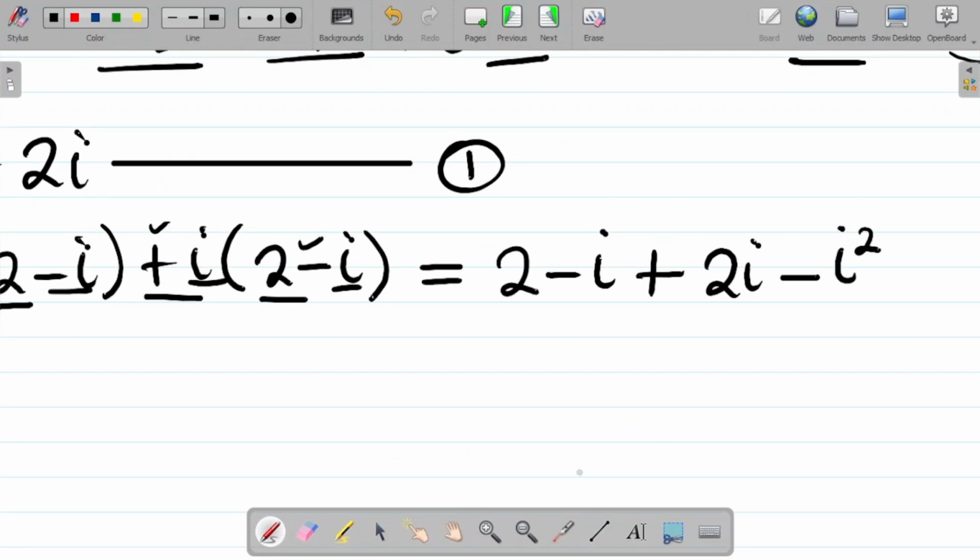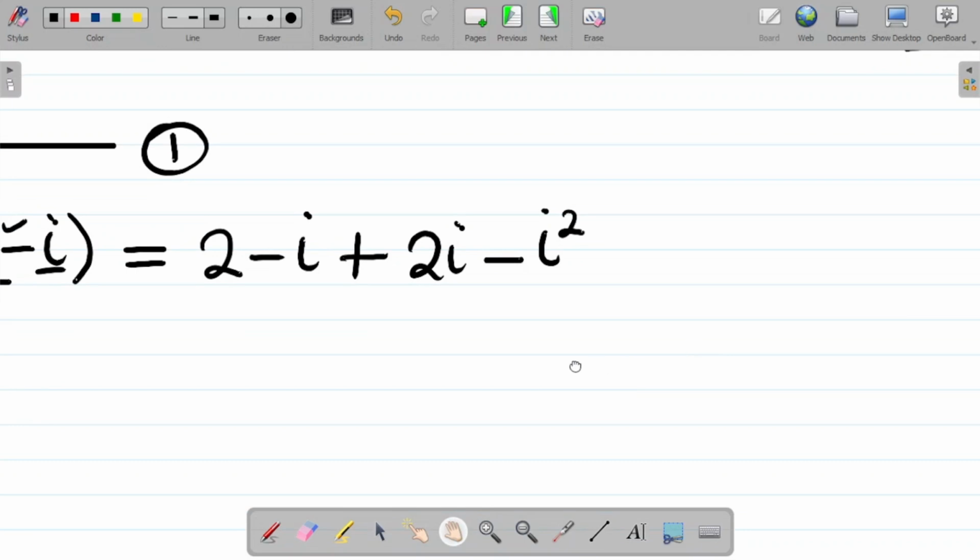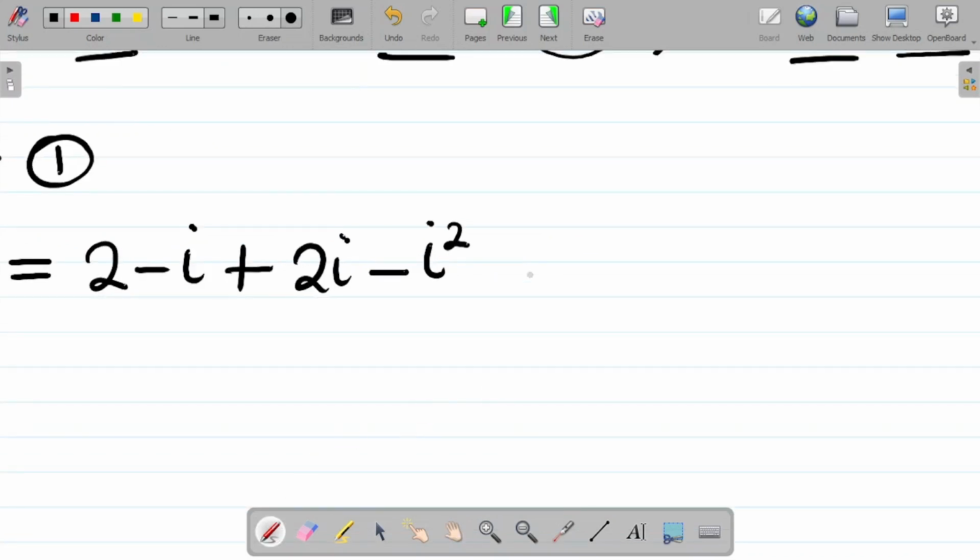So I have this. Again, remembering that the value of i squared is equal to minus 1, this will now be equal to 2, minus i plus 2i. When we say minus i, it simply means minus 1i. So minus i plus 2i is the same as minus 1 plus 2, which is equal to plus 1.